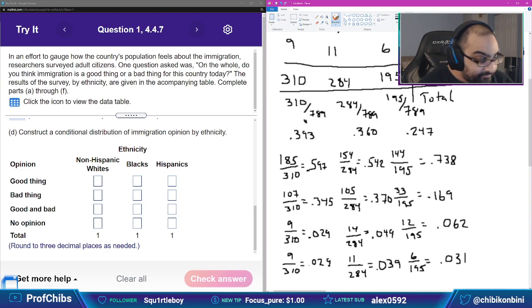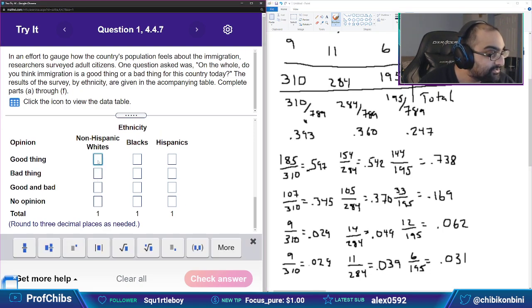Alright, so these are all the values that we should get here for this table. Let's go ahead and plug these in, and hopefully you got the same answers that I did.